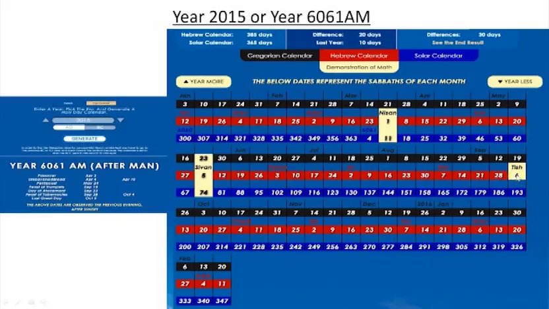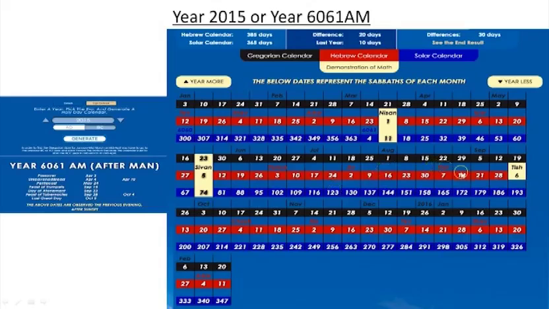Remember, it was a Monday. If we take a look at this, and we see the first Sabbath of the 7th month is on the 6th. Well, what does that tell you? That tells you that the first day of the 7th month was on a Monday, just as that calendar demonstrated. So you can see the accuracy of that calendar.